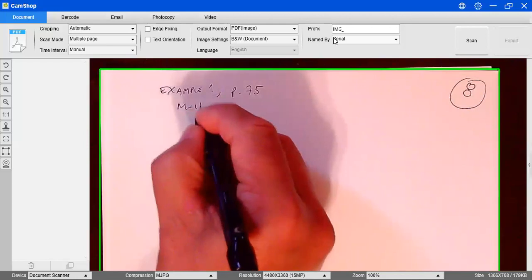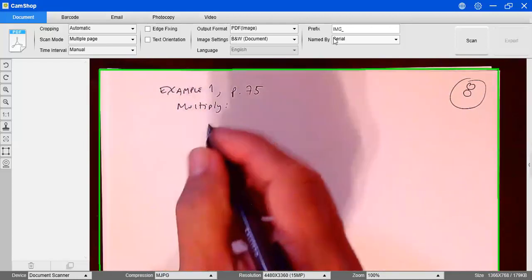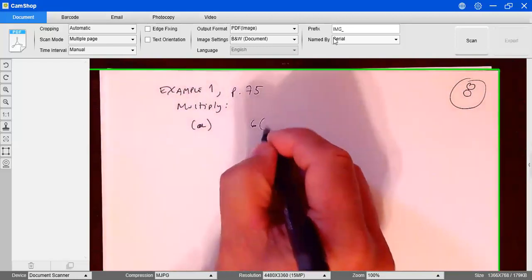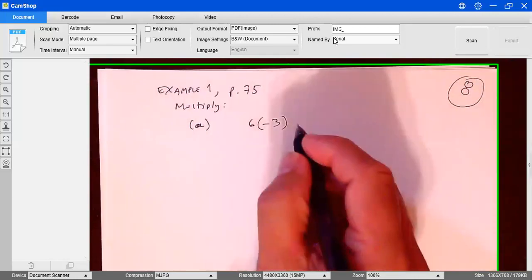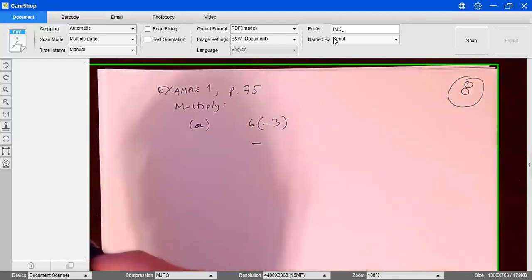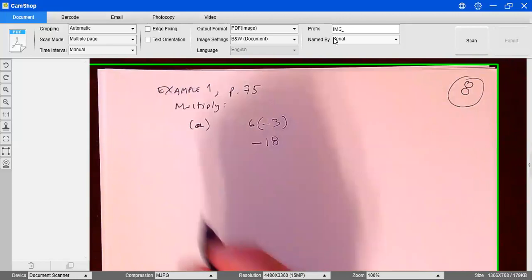We're going to multiply several cases. The first case is just 6 multiplying -3. You know the rule, positive times negative is going to be negative. 6 times 3 is going to be 18. So that's the answer.